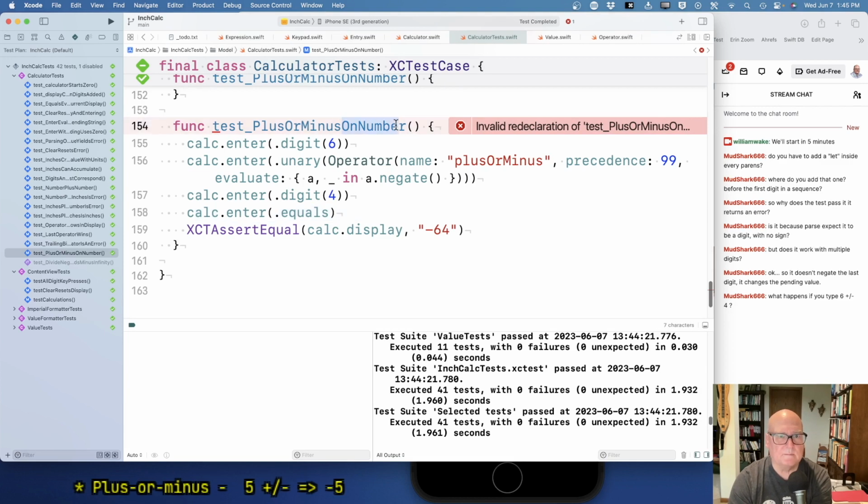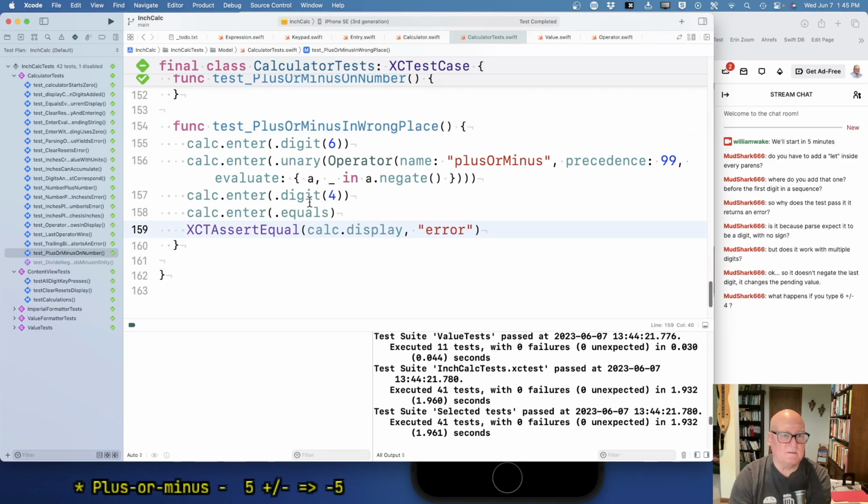How about in the wrong place? I think this should be some sort of error. Plus or minus 6 plus or minus, that should be fine. Then the 4, I'm not sure we enforce these quite right, but that's why we're running it.